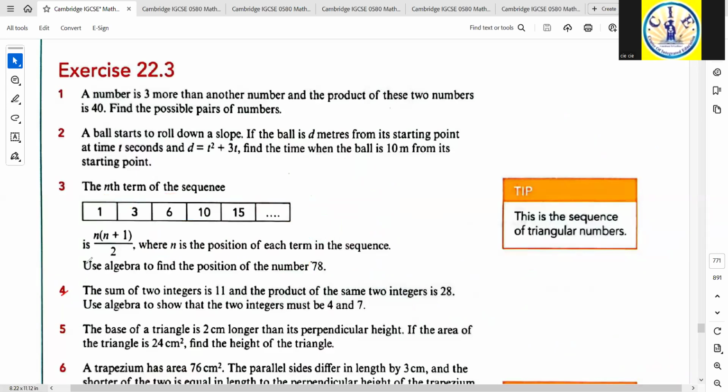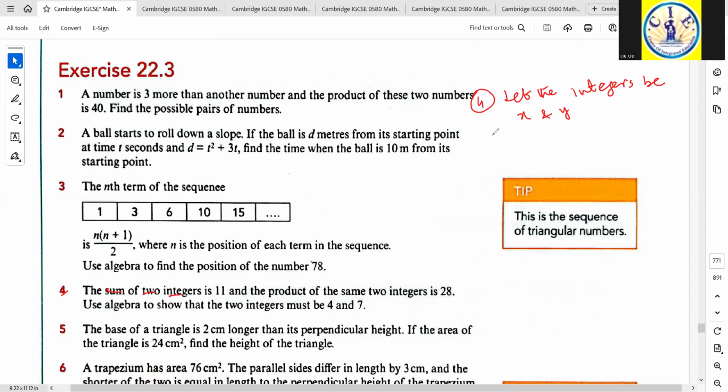It's question number 4 now. The sum of two integers is 11. These are the two integers. So in this case, suppose the integers are x and y.